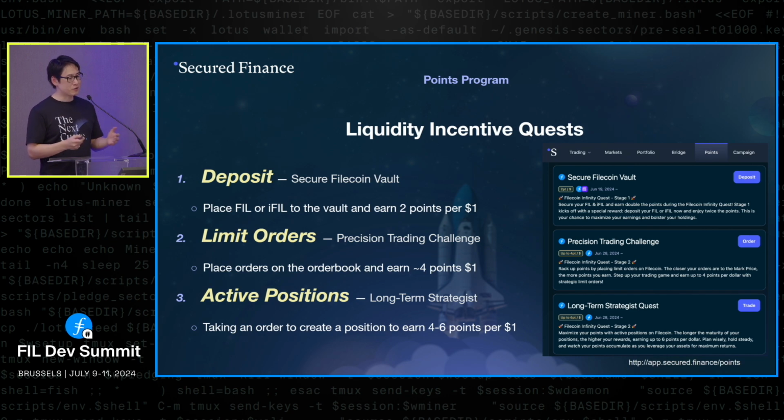The first one is to incentivize deposit, the Secure Filecoin Vault, and the second one is placing limit orders, and you earn double points, like for $1, we give you 4 points. And if it becomes an active position, we give you up to 6 points per dollar. So that is kind of a liquidity incentive quest. It's now up and running.